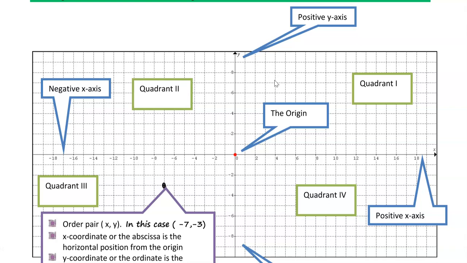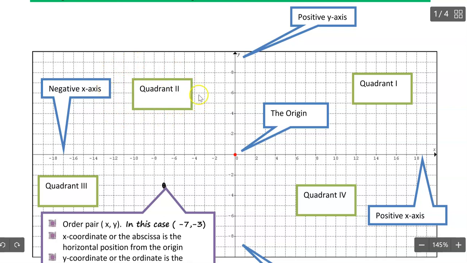You start at the positive value for x, positive value for y, and you go counterclockwise this way. Quadrant 1 started right here and consists of just the positive values for x and positive values for y.